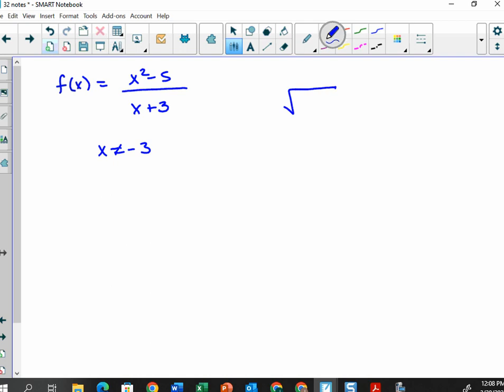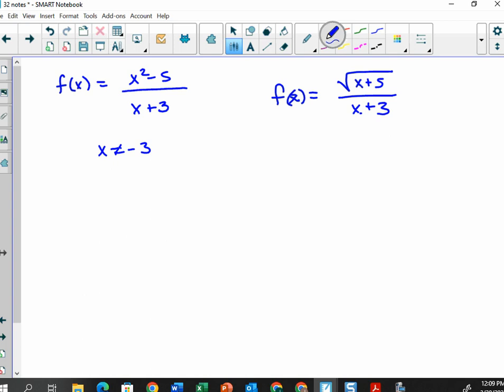Okay, I don't have one of those, so I don't care about the numerator. But if my numerator is like square root of x plus 5, and this is x plus 3, now I care about the numerator too. I care about both. If they're both there, you have to care about both of them.